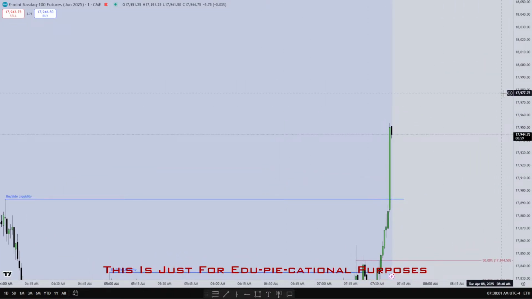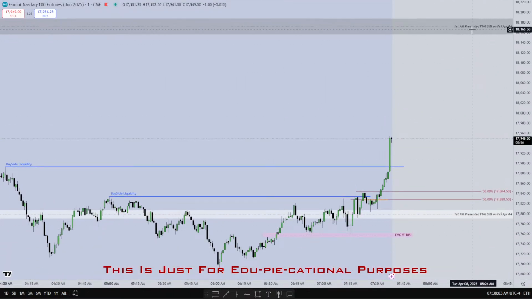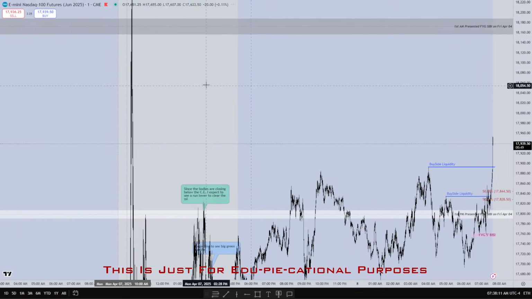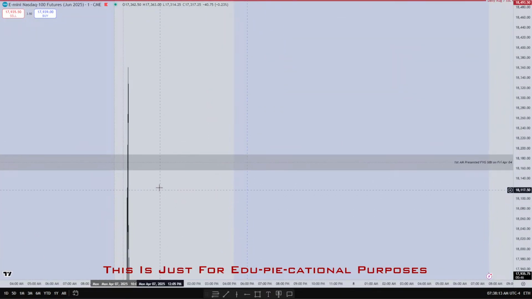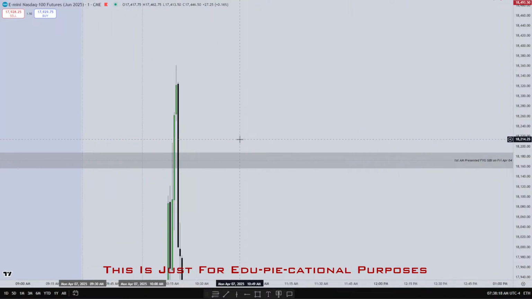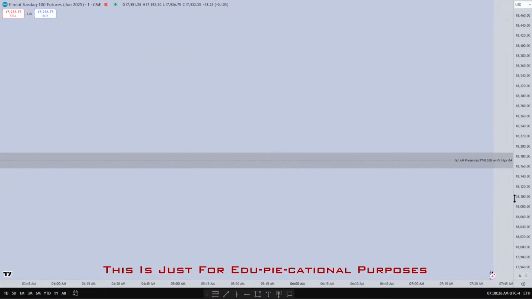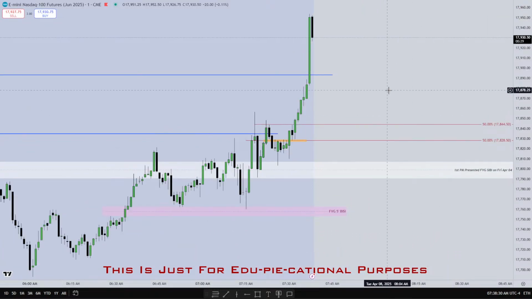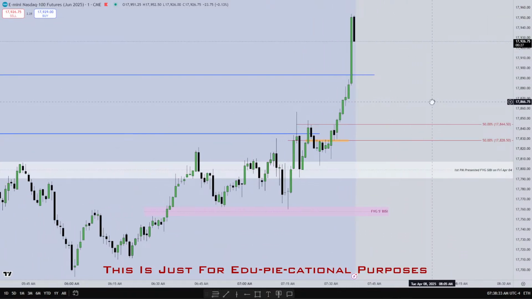Let's see what we have over here. There is the first fair value gap of the Friday AM session, and yeah, it's all related to the Friday AM session as well as this big VI point here. Very nice price action delivery this morning.